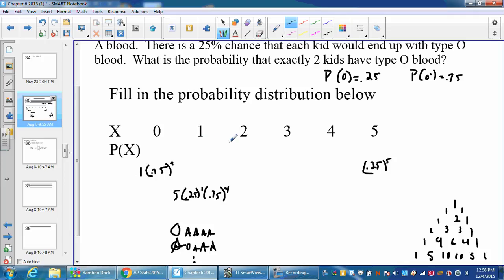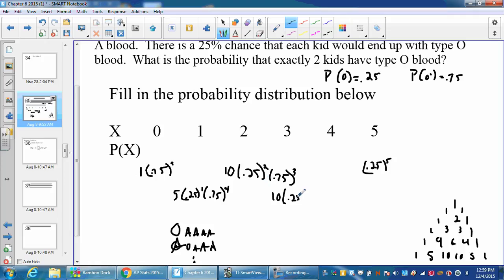Now to get 2 people with type O blood, I have to multiply it by 10. That's the next number. Now 0.25, 2 people have type O blood. That means 3 people do not. I multiply those together, and then I would have this probability. To find 3 people, I go to the next number, which is 10.